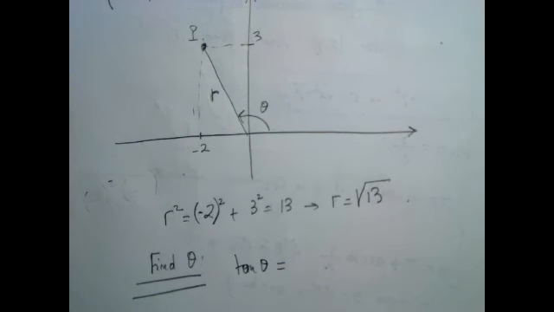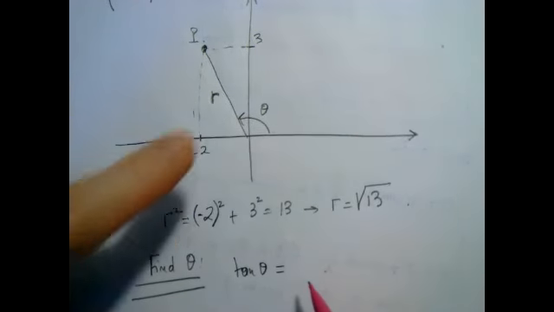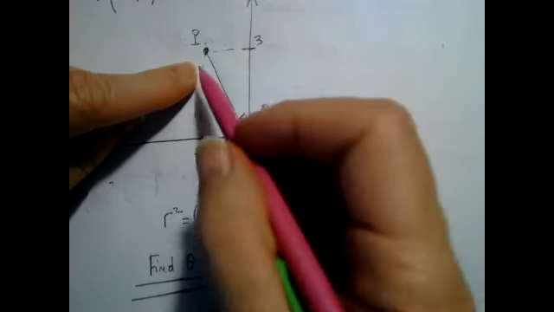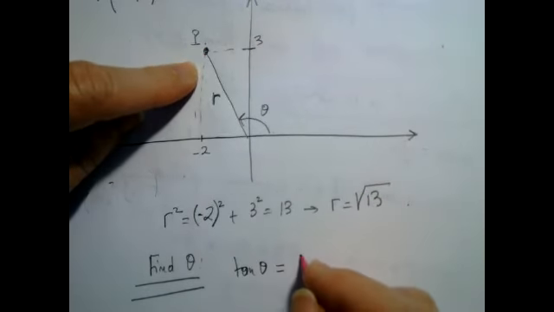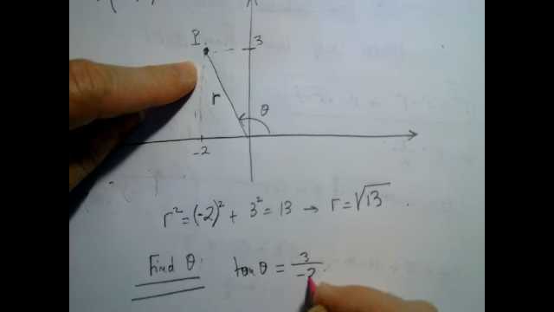Can anybody pitch in a little bit? That's the picture in front of you. I want theta. Wouldn't you take the inverse tangent of 3 over -2? Okay, I'm going to try that. I'm going to tell you what the problem is. So tangent theta is the tangent inverse of 3, that's the y over x.